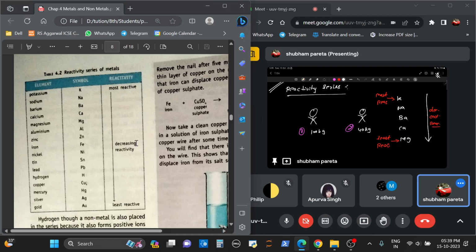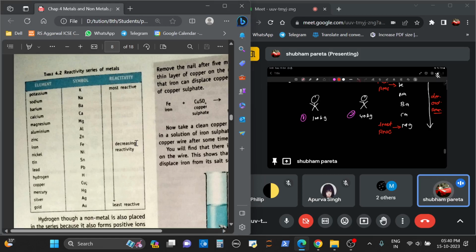Getting the point? If I have any reaction in which sodium and calcium participate, sodium will replace the calcium.